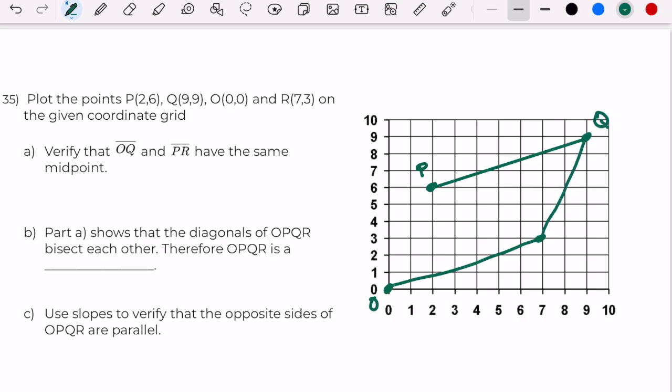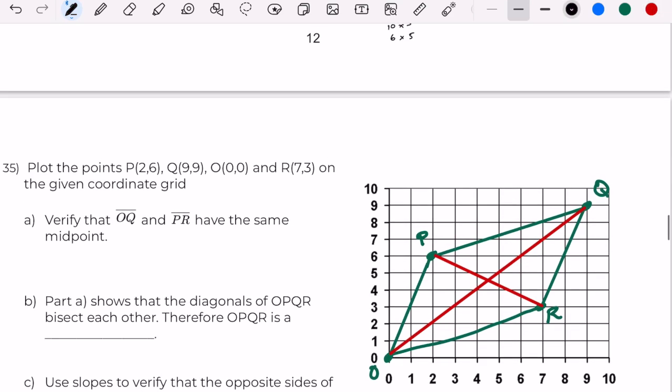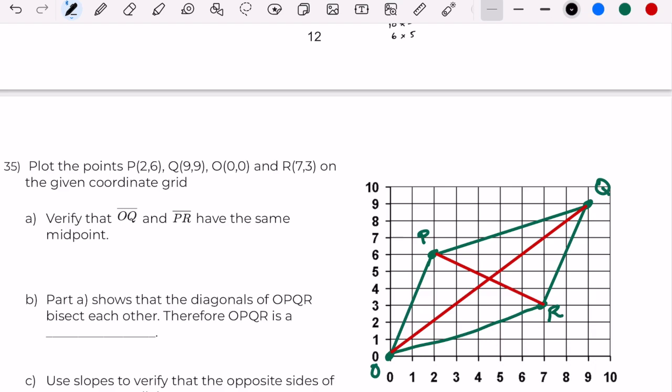So this shape, here is Q, here is R. So this shape is a certain shape. Now OQ and PR, I'm going to use another color. OQ is a diagonal and PR is the other diagonal. So what is the midpoint formula?